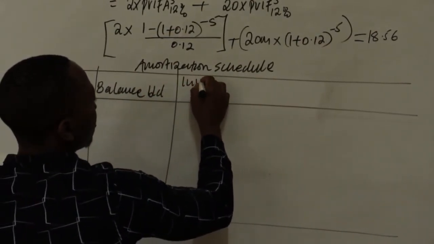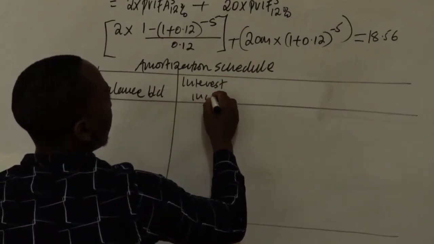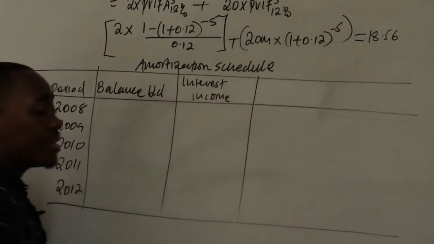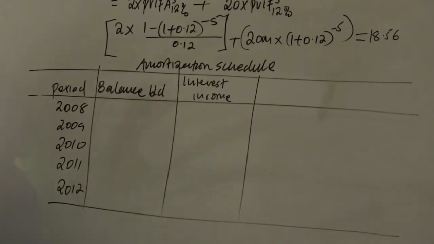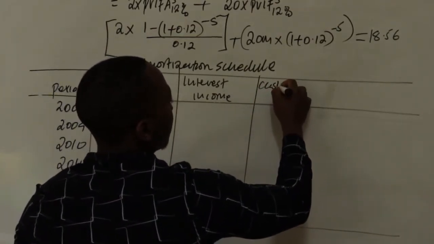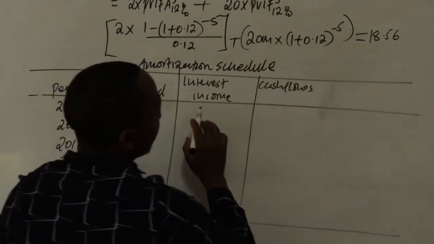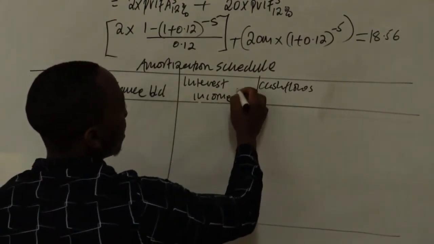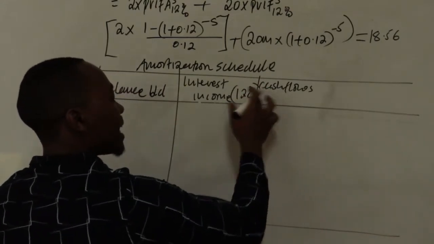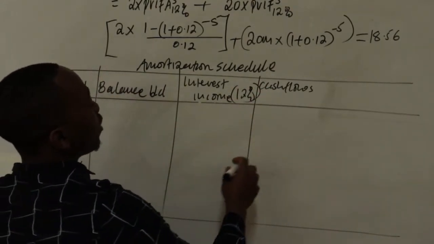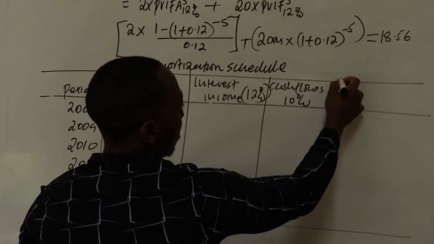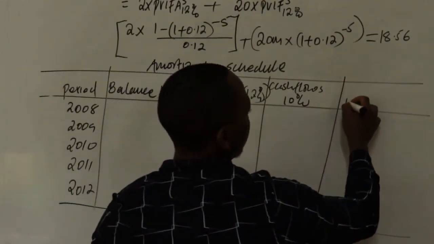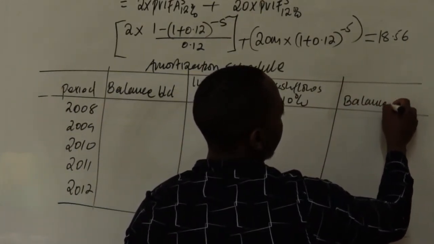Then we have interest income. Remember, they are the ones who invested, so that means they purchased. And then we'll have our cash flows. The interest income will be based on the market rate, the effective rate, which was 12%. And the cash flow will be based on the coupon rate, which was 10%. And then we can determine our balance carried down.